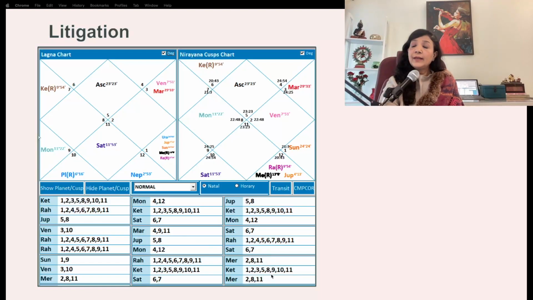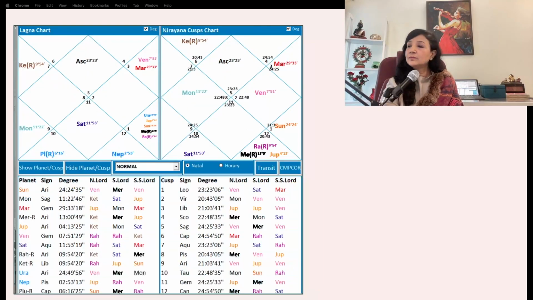When you read this Mercury script, this Mercury is a self-significator. And Mercury is seen at 4, 5, 8, 11, 12. You can see over here also.